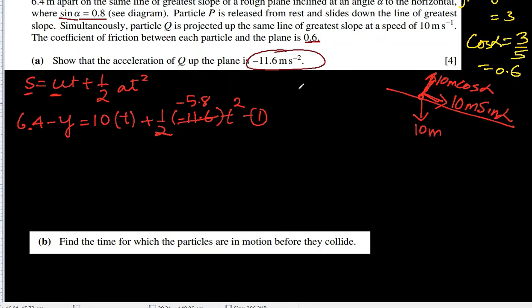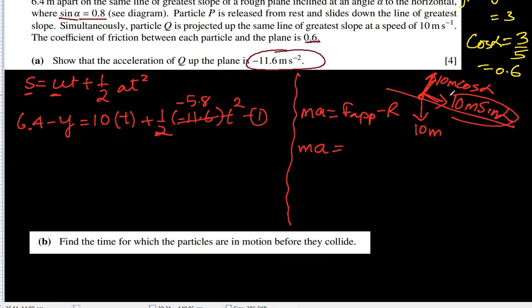Alright, so ma equals applied force minus resistive force. The mass is m this time, a is unknown. Applied force will be this one because this is the one which is making it go down. No one is pushing it down.